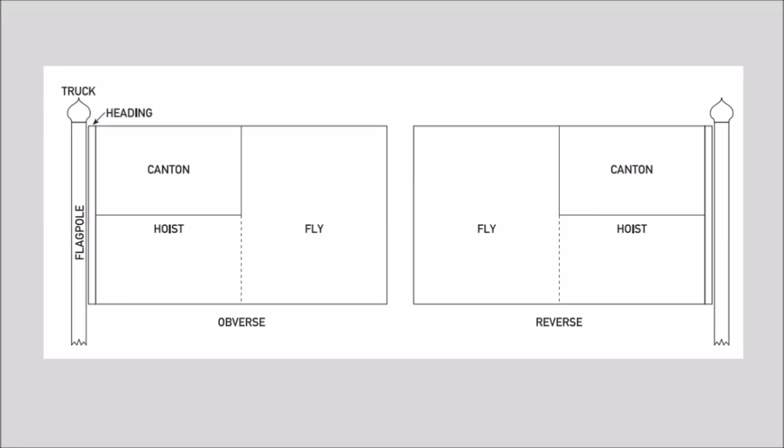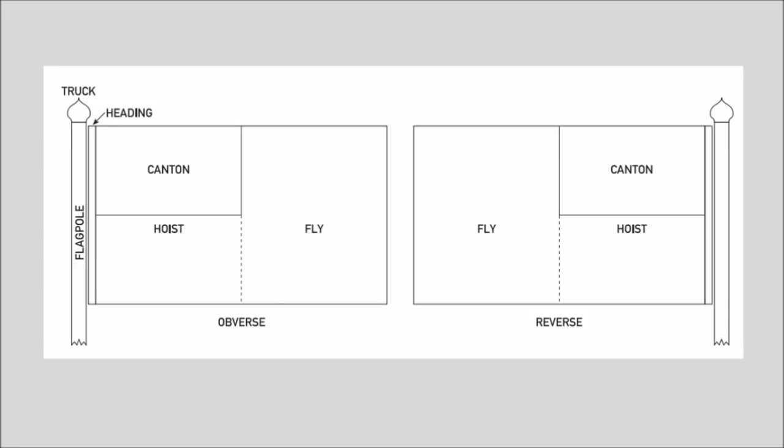That's the top part of the flag closest to the flag pole. That's because symbols that are placed in the canton can still be seen even when the flag is hanging limp. So you'll often notice that many flags place important symbols in this top left part, or rather top part closest to the flagpole. You've got to think about what it's going to look like from the distance, flapping in the wind. Also, what's it going to look like seen from the opposite side? And that's why simplicity tends to be favoured.